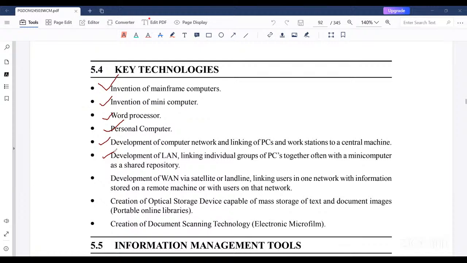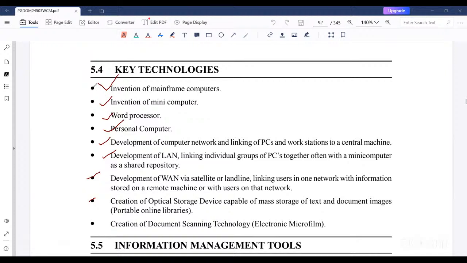Then development of WAN via satellite or landline, linking users in one network with information stored on a remote machine, or with users on that network. We also have the creation of optical storage devices capable of mass storage of text and document images. The next comes the creation of document scanning technology or electromicrofilm.